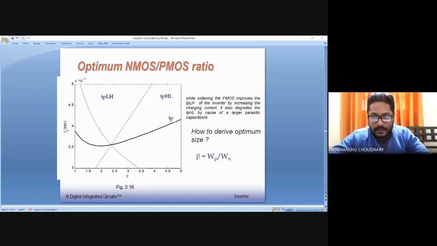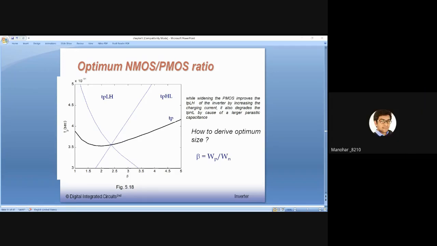Excuse me, sir. Yeah, please. Sir, in that VDD scaling case, suppose we are decreasing VDD, we are getting better transfer characteristics similar to the ideal case, and further when we increase VDD, the VTC is not very disturbed.